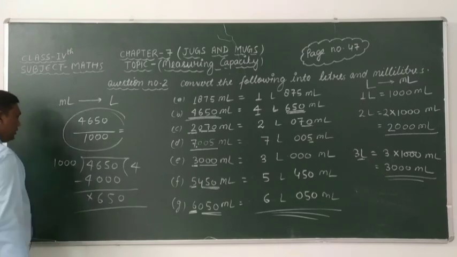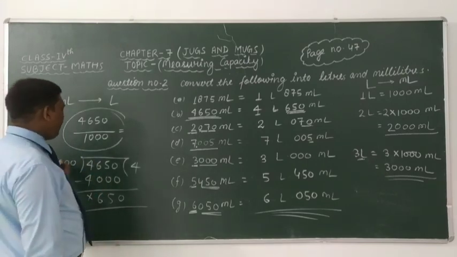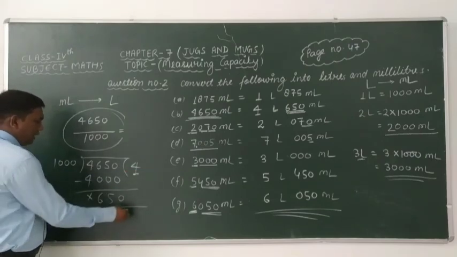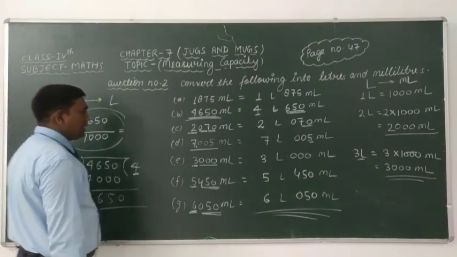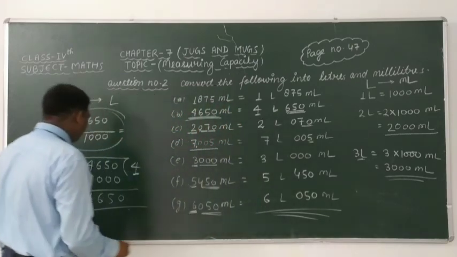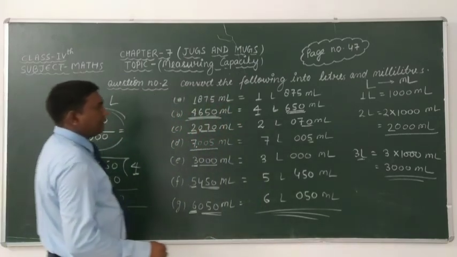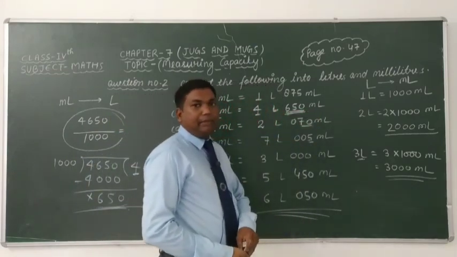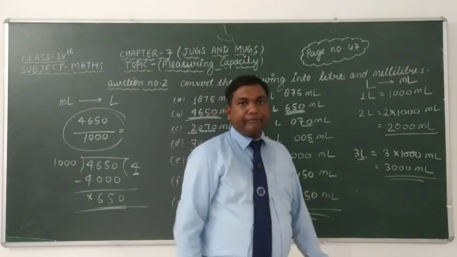It means that cancel out. After solving these, here we get 4 as quotient. Therefore, we can write 4 liter, okay, and 650 as remainder. Therefore, we can write 650 in milliliter. Okay, got it?